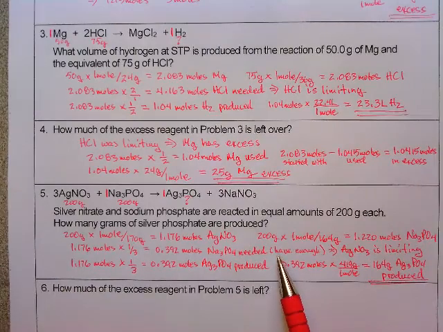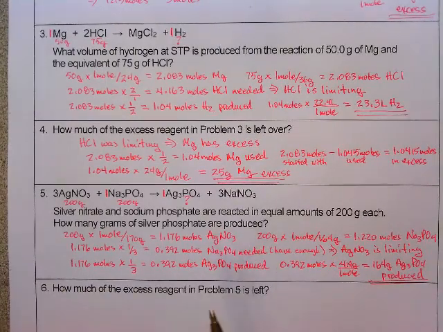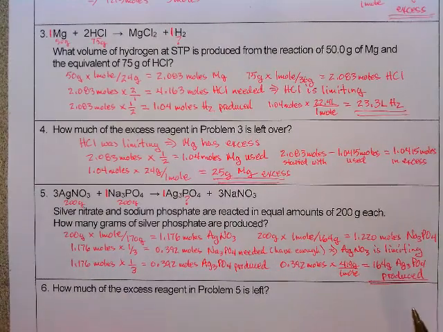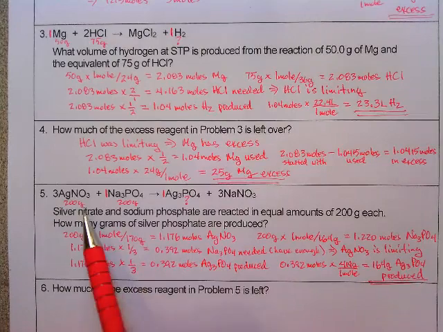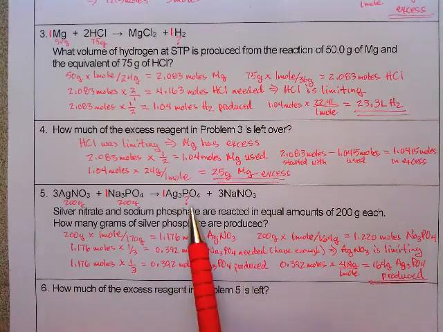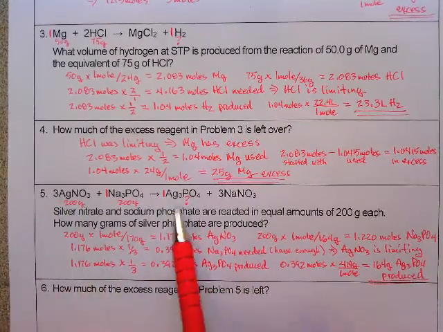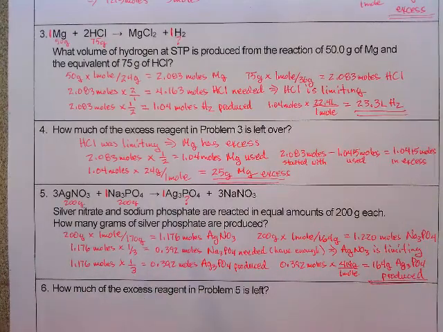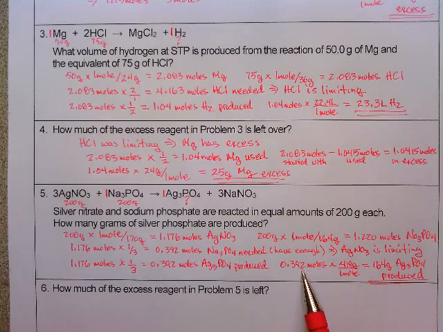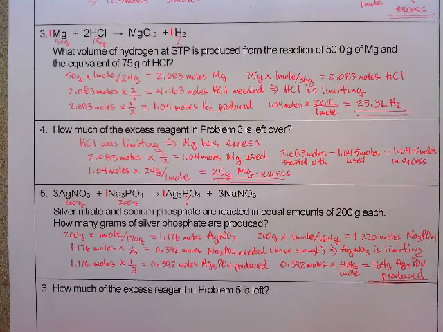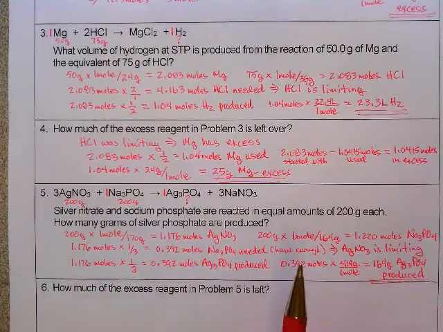When I don't have enough, which is what happened in an earlier problem, then that one would be the limiting one. So the limiting one is then the one I use to find out how much I produce. In this case, it happened to have the same mole ratio, 1 over 3. That was just coincidence. That's not necessarily true. And then finally taking my moles and going back to grams to see how much was produced.